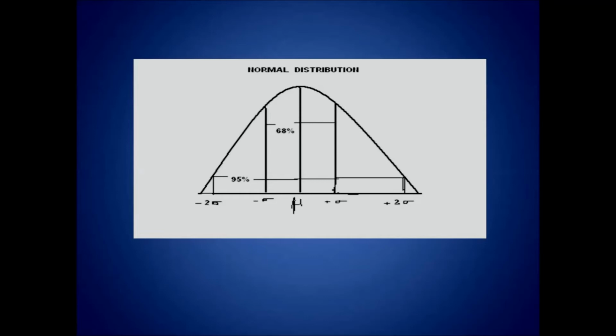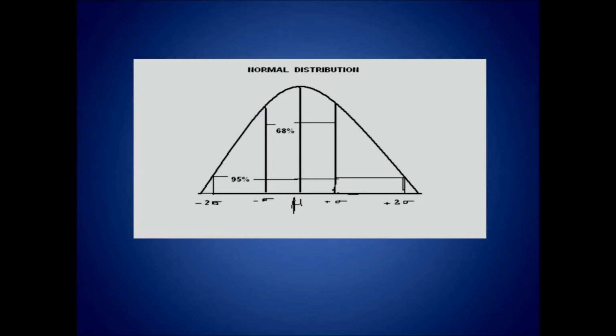Here one is plus sigma, plus 2 sigma, where sigma indicates standard deviation. The right side is more than average, the population belonging to more than average, and the left side, the minus side, means the population belongs to less than average. So all the population should come into normal distribution form.